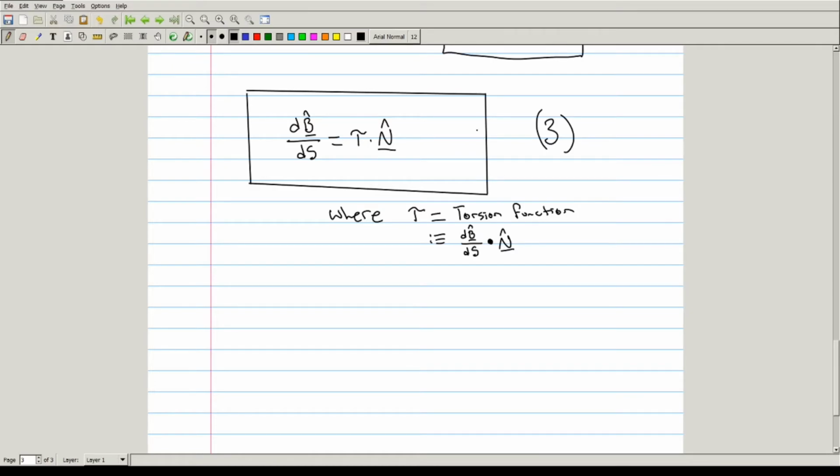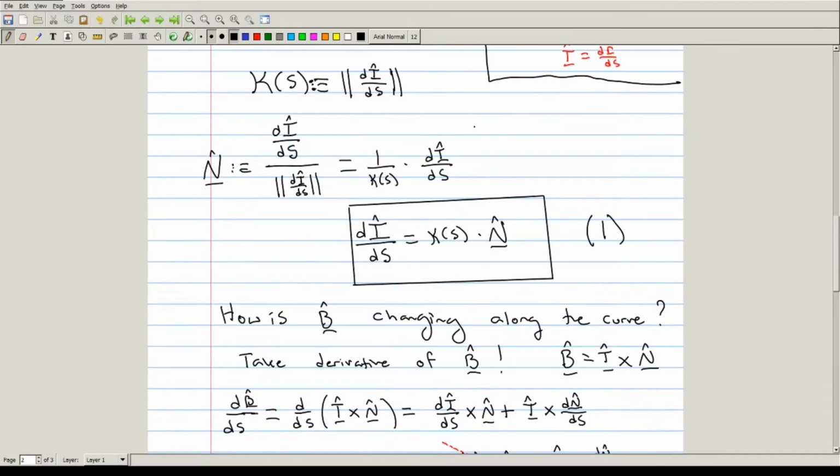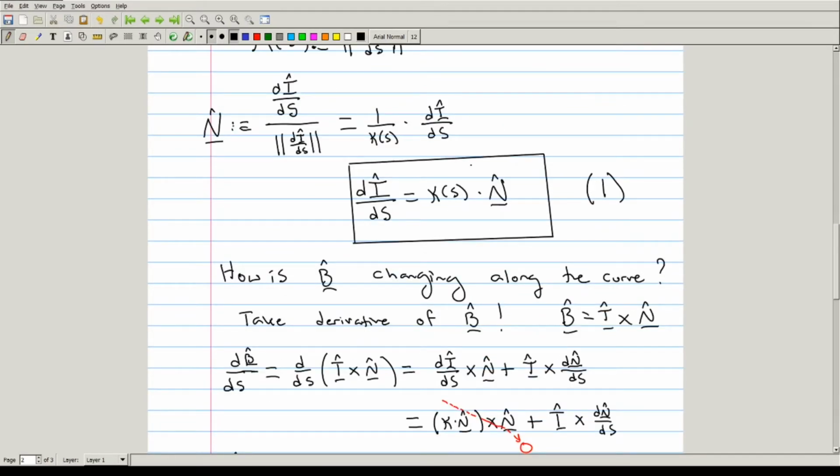So we have the first and the third Frenet formula. What we need is the last Frenet-Serret formula to get a complete picture of how nice these equations actually are, governing any nice enough curve in three-dimensional space.